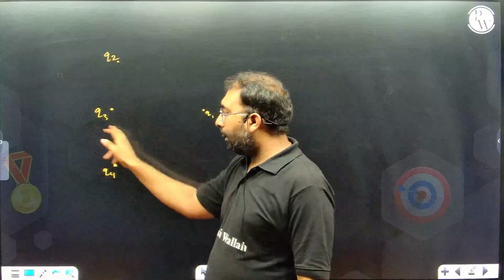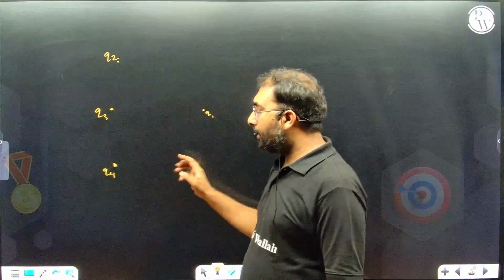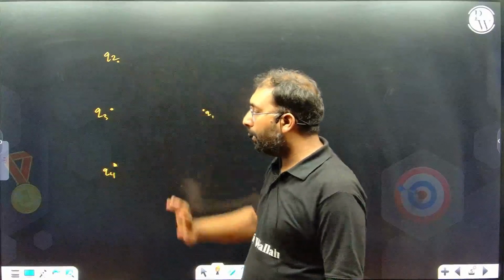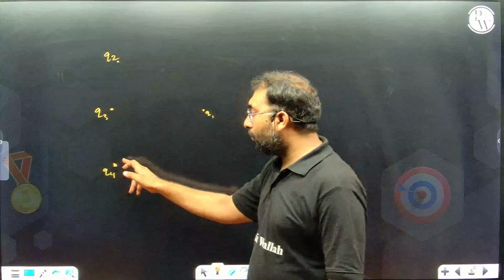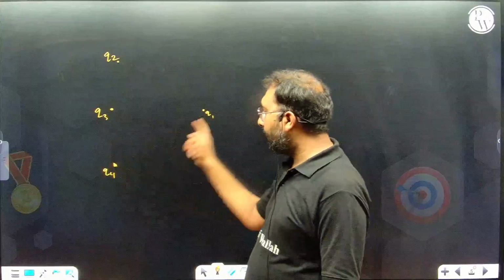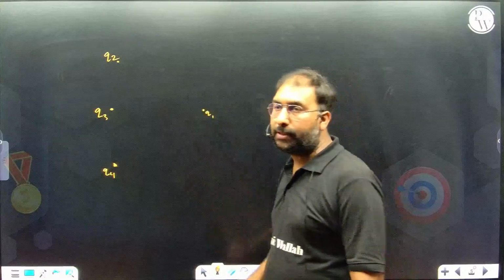Assuming Q3 is the only charged particle here, write down the force on 1 because of 3, and similarly forget about Q2 and Q3, assuming Q4 is the only charged particle here. Write down the force because of the fourth particle on 1, and then add all the forces in vector form, and you will get the net force.